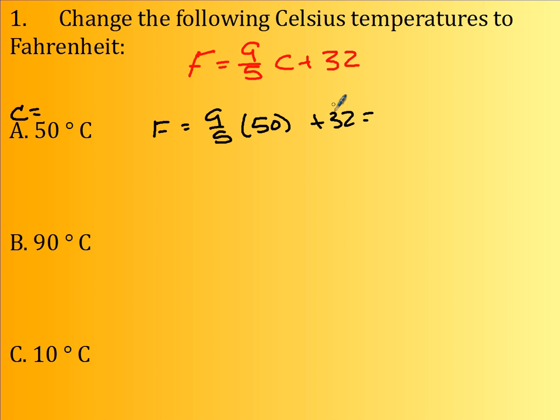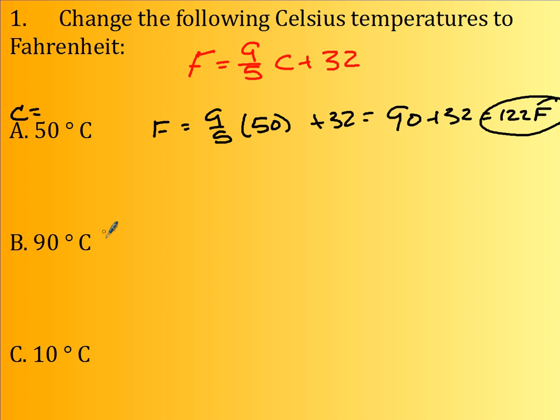Multiply 9 times 50, and that is 450. Divide that by 5, and you get 90, plus 32. So now you add 32 to 90 and get 122 Fahrenheit. Don't forget your units. So 50 Celsius is 122 Fahrenheit.